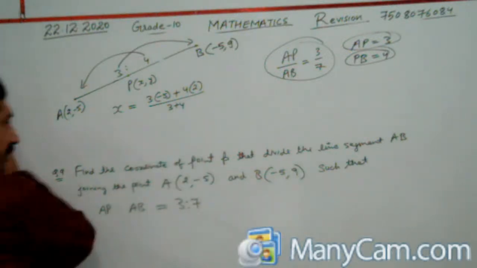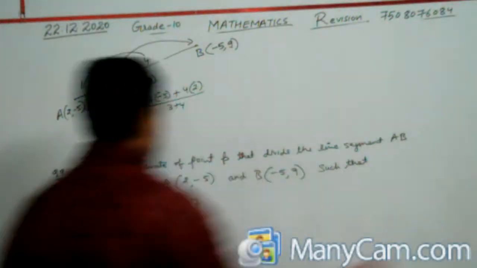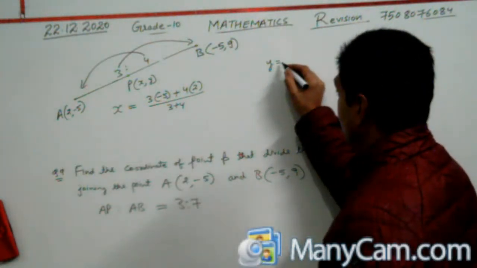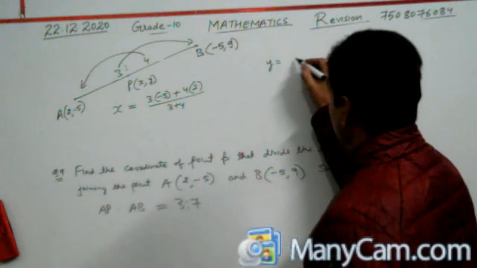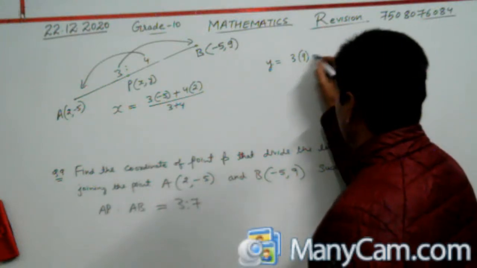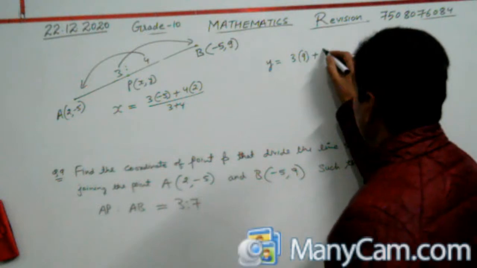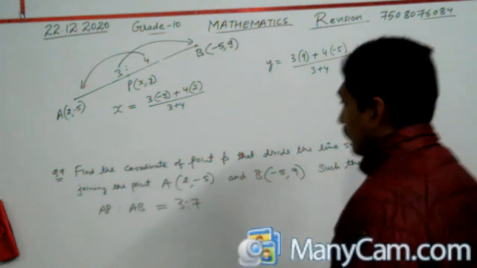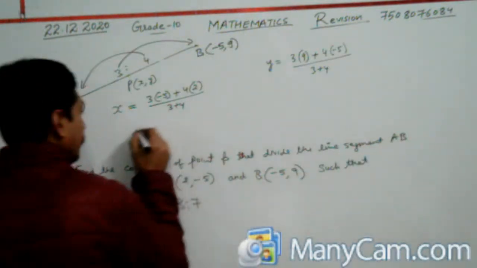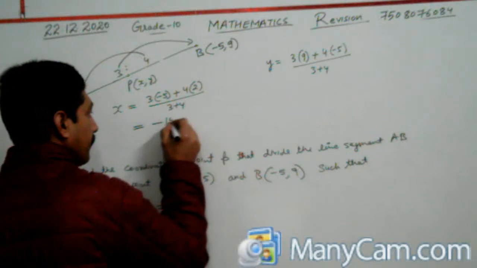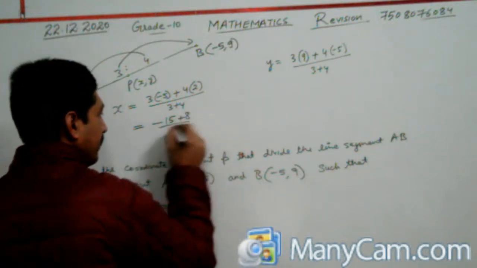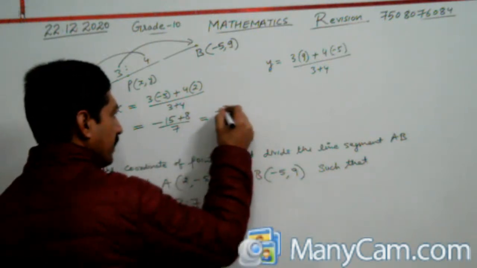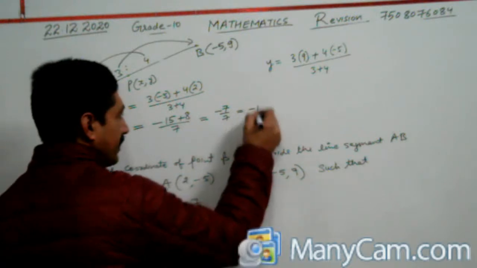So x is minus 15 plus 8 divided by 7, that is minus 7 upon 7, which is equal to minus 1.